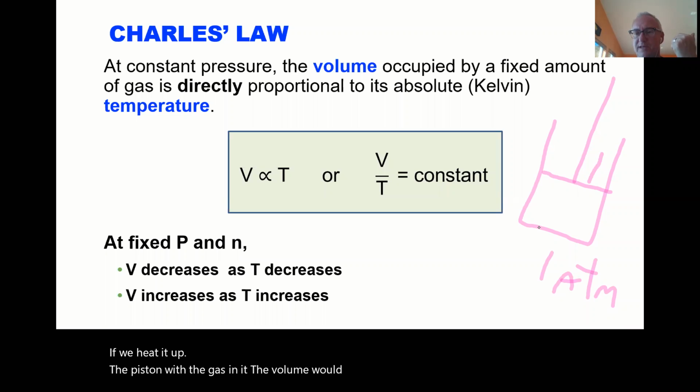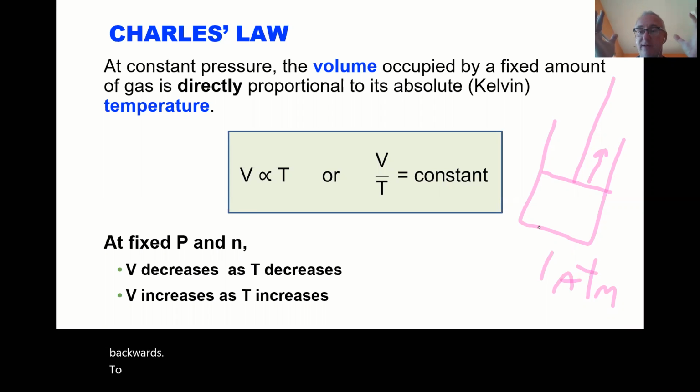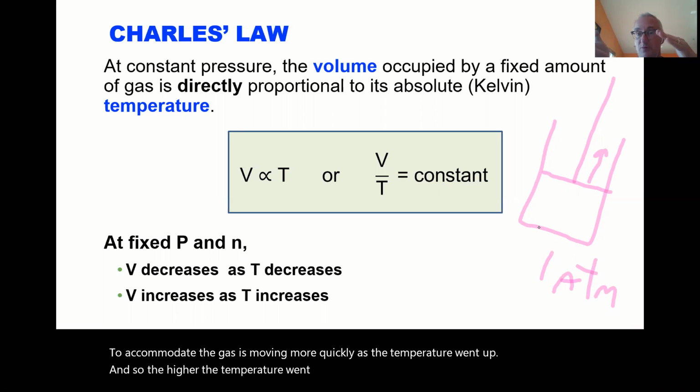The piston would move backwards to accommodate the gases moving more quickly as the temperature went up.